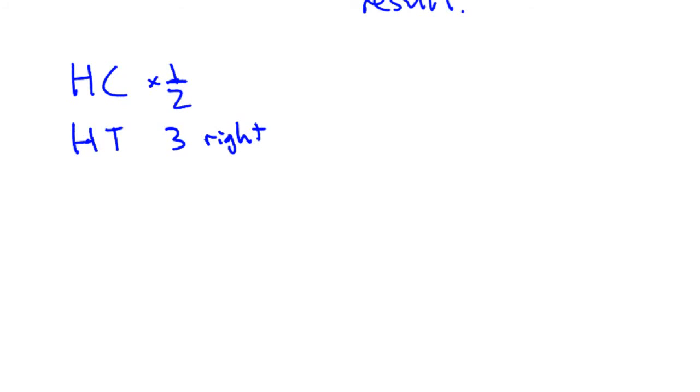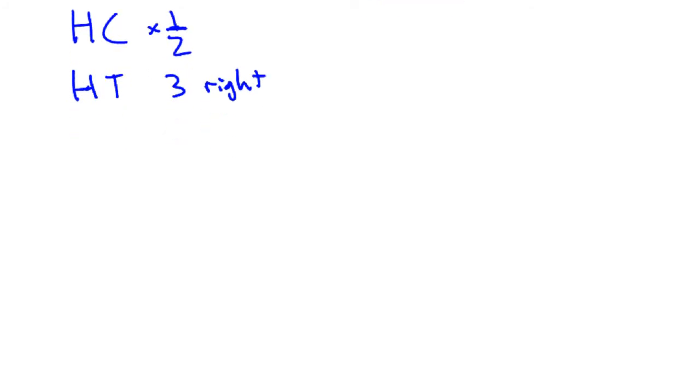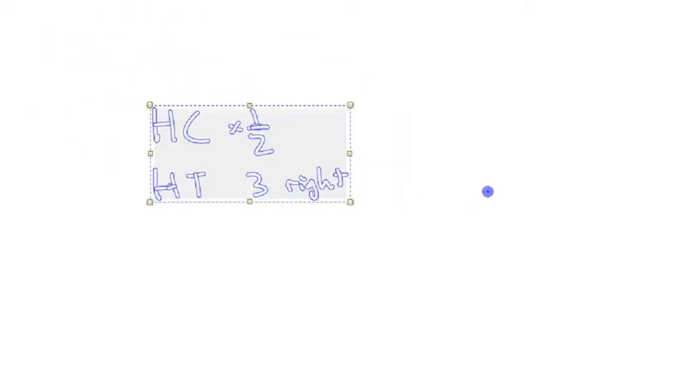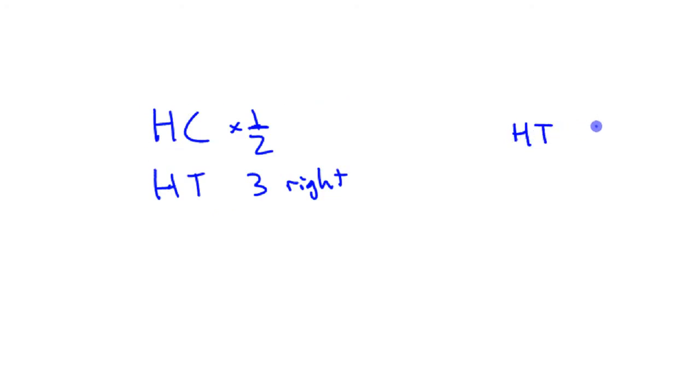And let's combine those in two different orders. The first order is the order that I put right there. And the second order is to do them this way: first do the translation, and then do the compression.